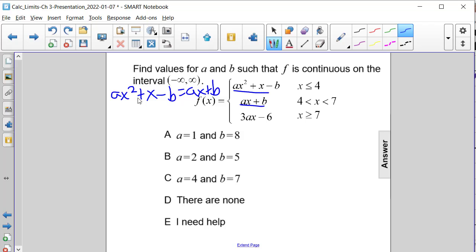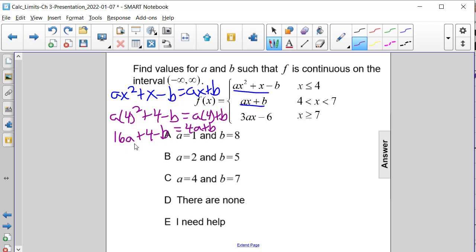So we can then substitute 4 in for x, and when we do that, we will have a times 4 squared plus 4 minus b is equal to a times 4 plus b. And when we evaluate this, we will have 16a plus 4 minus b is equal to 4a plus b.